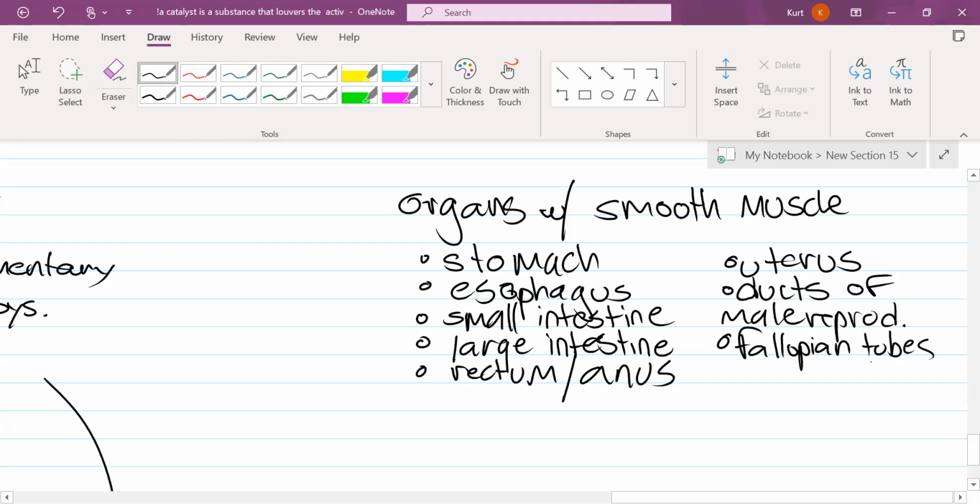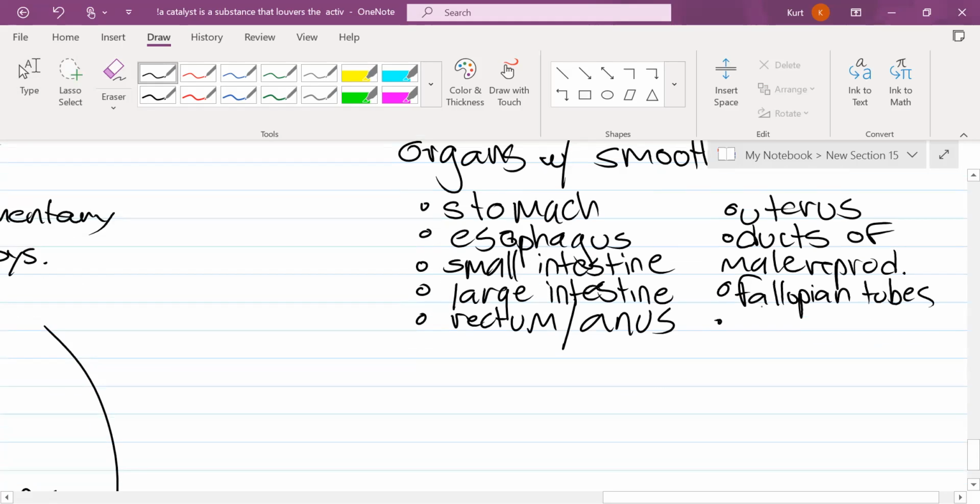Push, like physically push. They have contractions. Veins and arteries. They're made of smooth muscle. And then the bladder has a little bit. So these are all hollow organs.